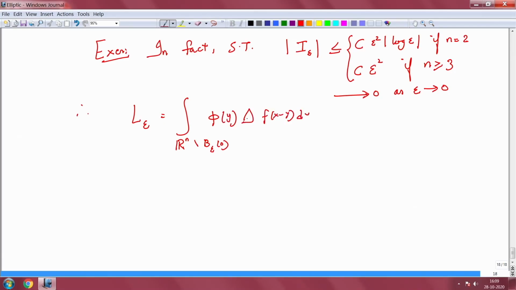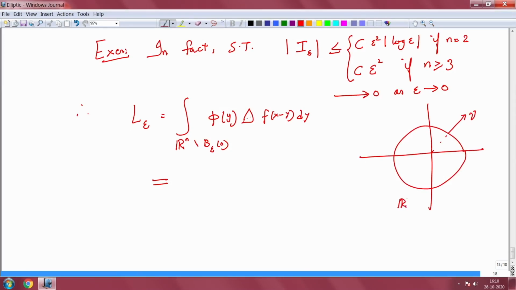Okay. Now, we do an integration by parts, my divergence theorem, Green's theorem, etc. You have to be careful with the normal you are taking. So, let me fix my normal. I always consider this is my normal nu. By now, my Rn minus B epsilon 0 is outside.